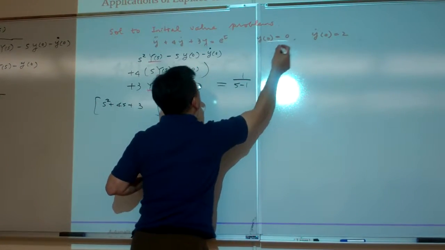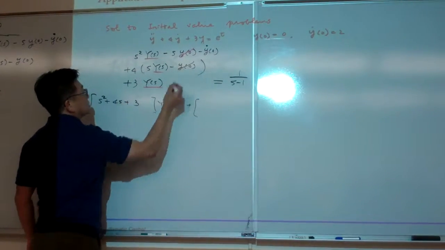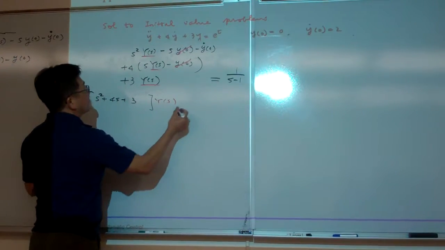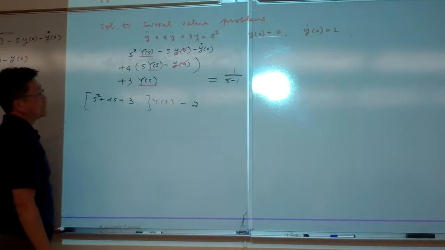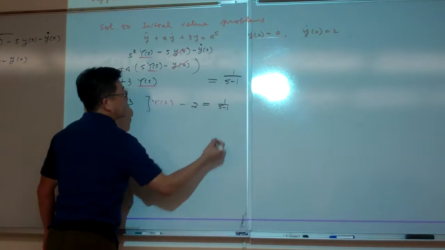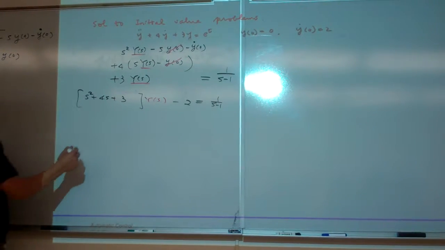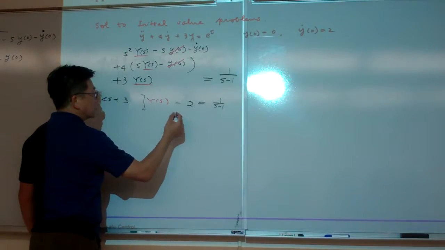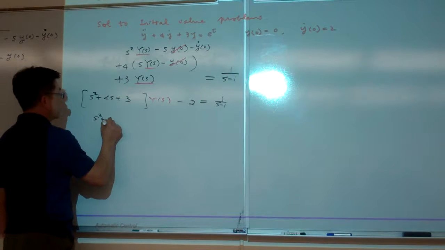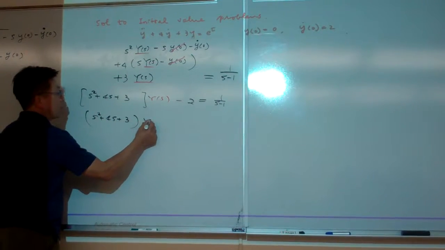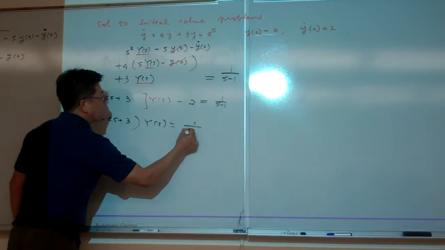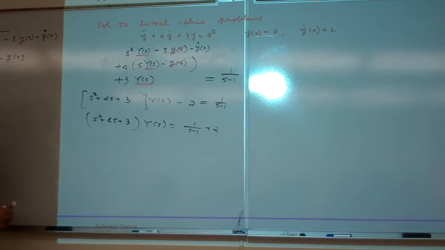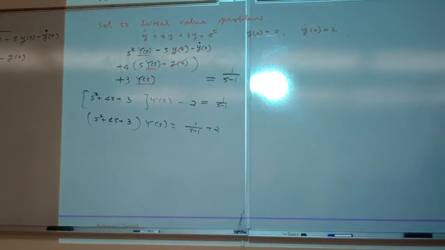Okay, so this y 0 is 0, gone. So here we only have minus y dot 0, so minus 2, equal to 1 over s minus 1 here. So therefore, s squared plus 4s plus 3 times Y of s equals 1 over s minus 1 plus 2.